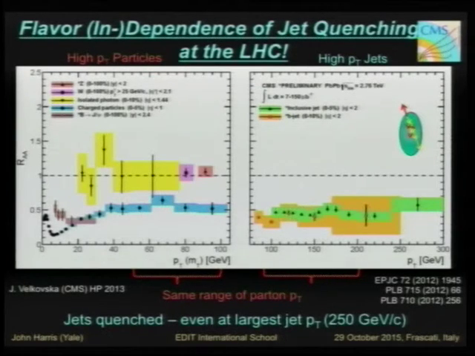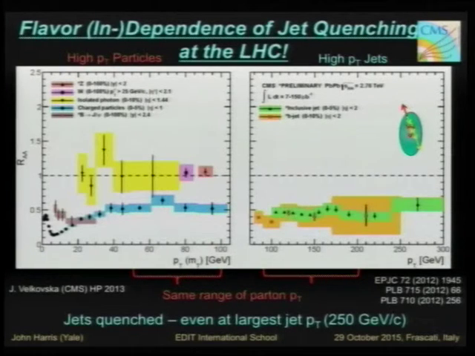which are expected to come from B quarks that are made in the initial collision, are also suppressed. Now, it turns out, for reference, that this range of jet momentum could be related to this range of single particle momentum when you fragment these jets on average. And so, it's interesting and it's consistent that there's this suppression of these jets, which is reflected in the suppression of the single particles.